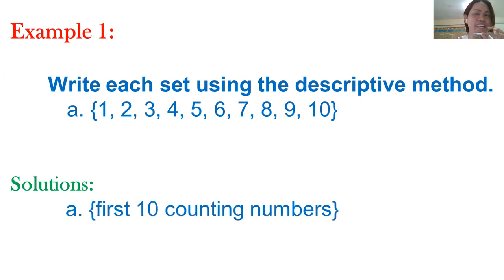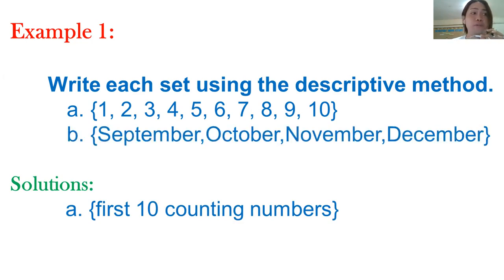Very good. It's the first 10 counting numbers. Who got the same answer? I hope everybody got it. Let's have another example using the descriptive method. B: September, October, November, December. What do you think? How will you use the descriptive method in this case?